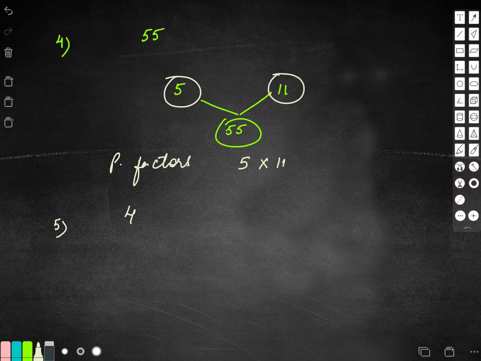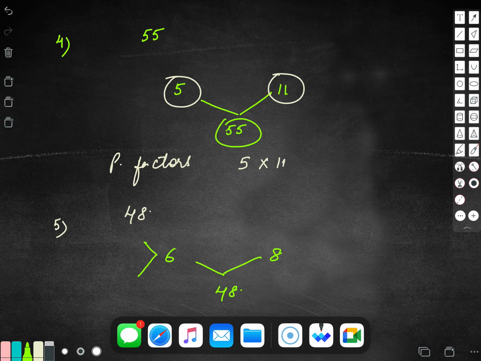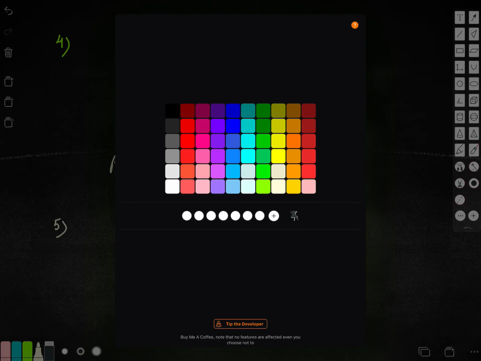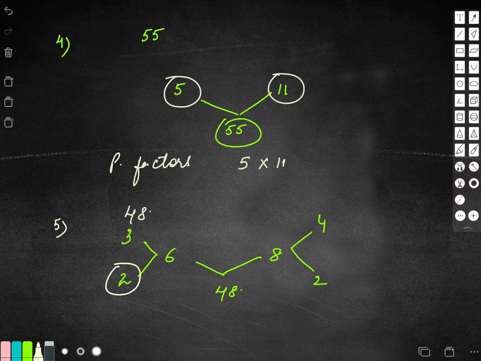Right? And next part is 48. So when I find the factors of 48, 8 6s or 6 8s comes to your mind. I need not circle 6 and I need not circle 8 because both of them are composite. I will have to make further branches. 3, 2, 4, 2. How many primes have I got?